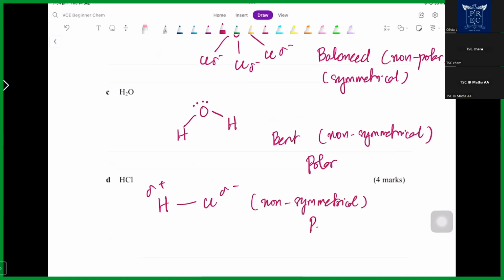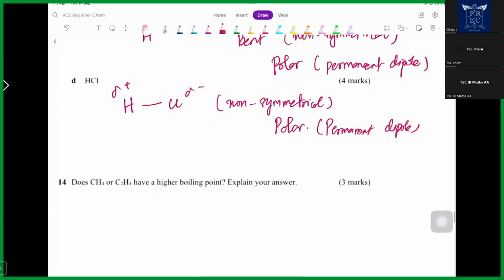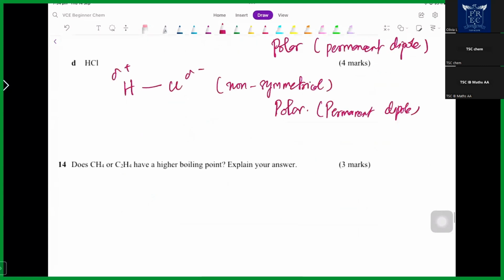Any polar molecule will have a permanent dipole.